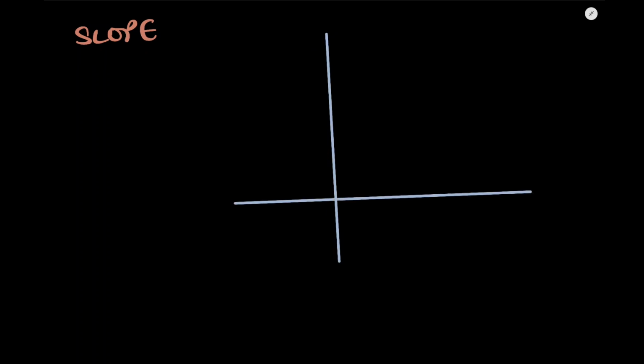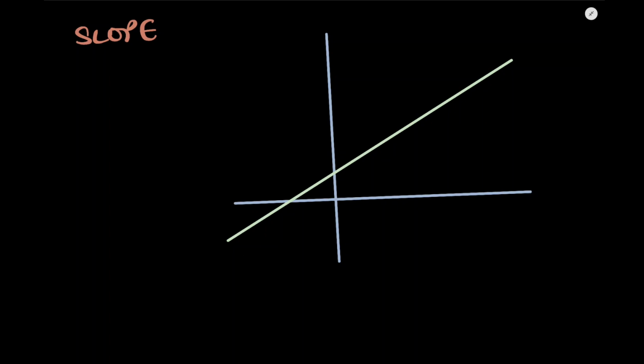First, before starting with plotting, I think we should learn what slope is. Slope is nothing but rise divided by run. Suppose you have a graph, and this is the line.